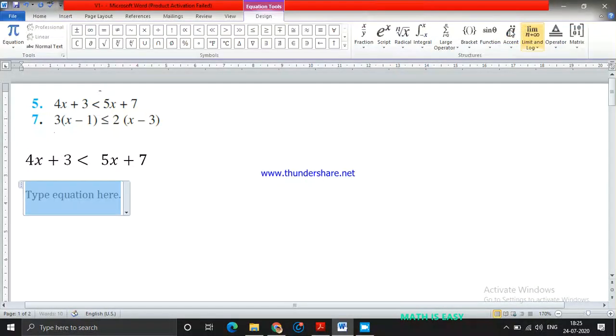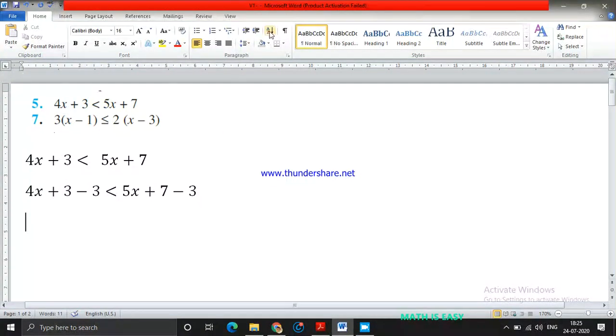If I add minus 3 on both the sides, you will get 4x plus 3 minus 3, because by adding the same quantity on both the sides, this less than is not going to affect. 5x plus 7 minus 3, still it holds.